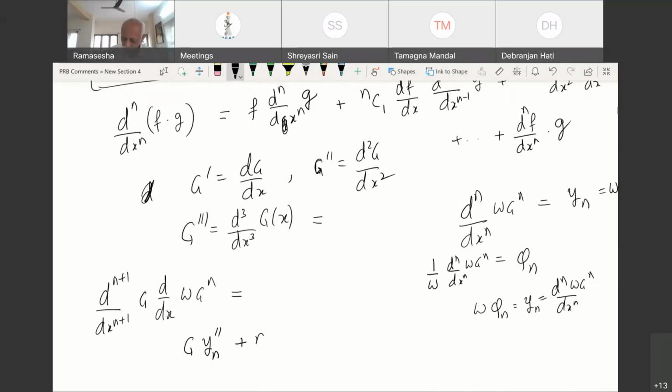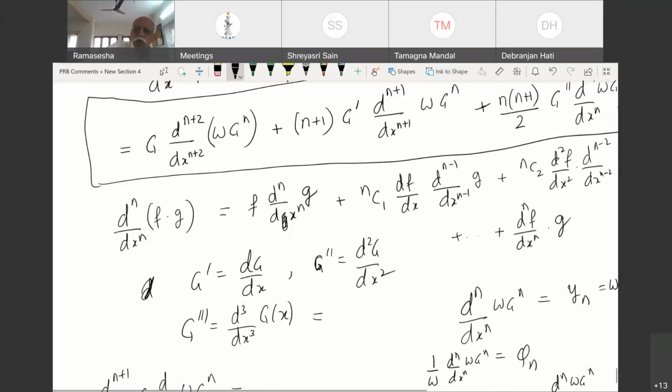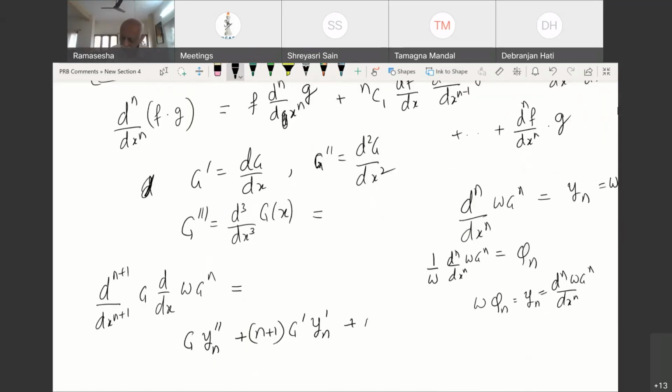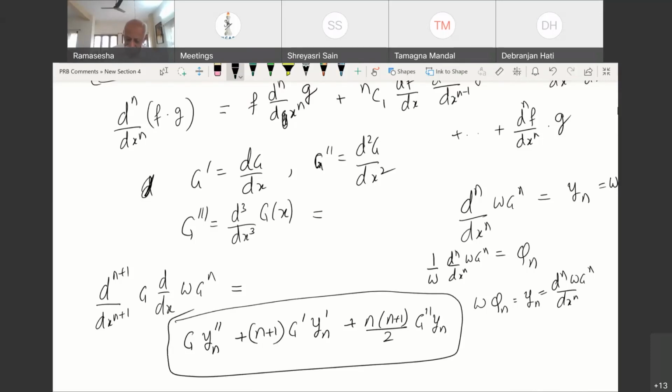The second, the third one is Yn. Different primes. So that same thing I have rewritten in a notationally simpler form.